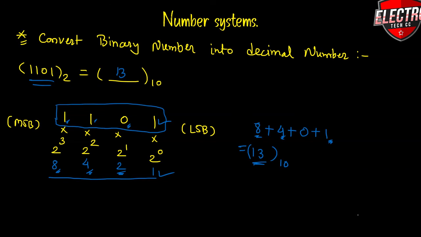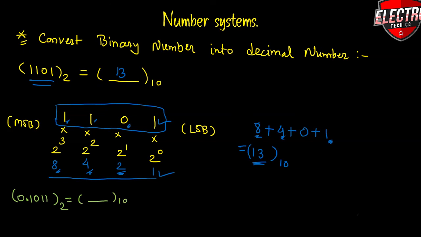Clear? Let's take a second example of a binary number. For example, we have the value 0.1011 in the binary number system, and we want to convert this number into the decimal number system.